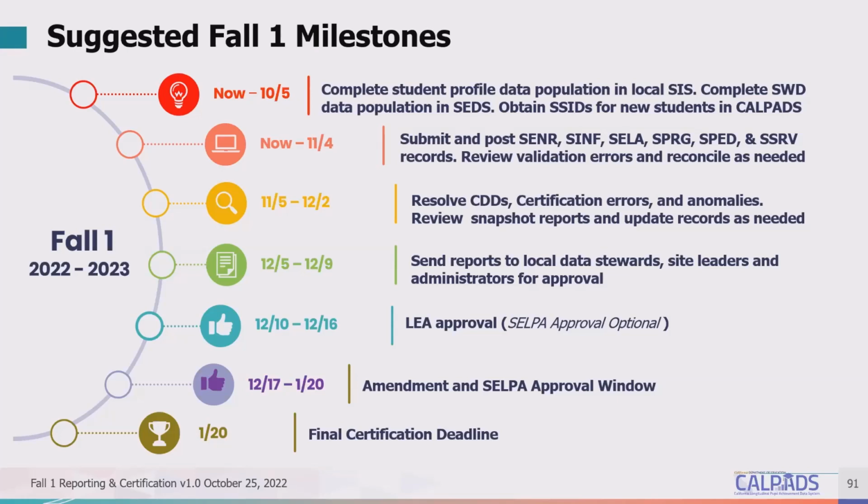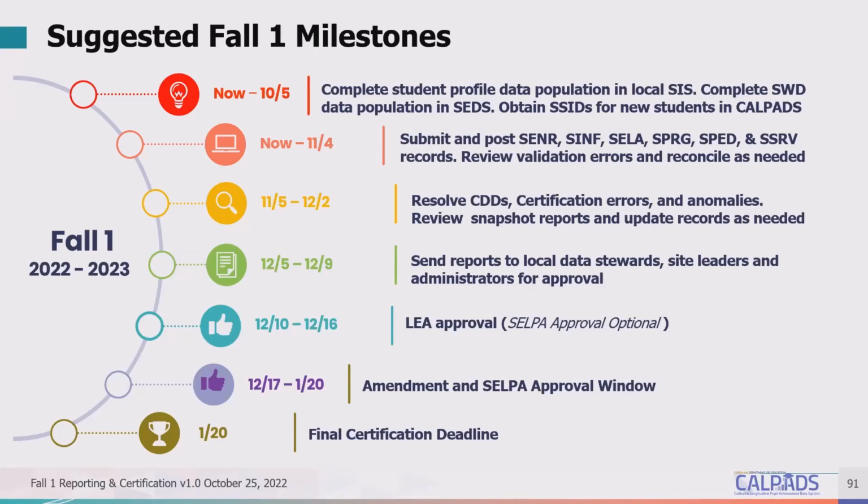You should be uploading your files to CalPADS and getting the data in. By November, the month of November into the beginning of December, hopefully all your initial submissions are finished and you're resolving CDDs and certification errors and anomalies. That would give you time to review the snapshots.